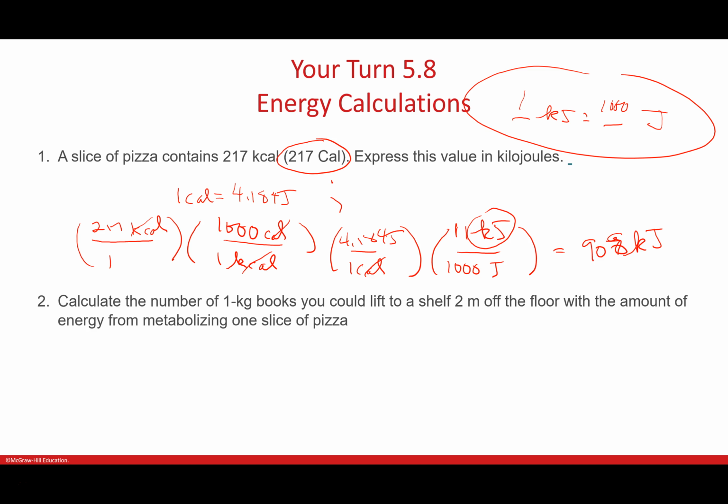Hey, you just ate pizza, you're way strong. So 2 meters, so this is 1 meter. So 1 slice of pizza gave us, what do we say, 908 kilojoules. Calculate the number of books.